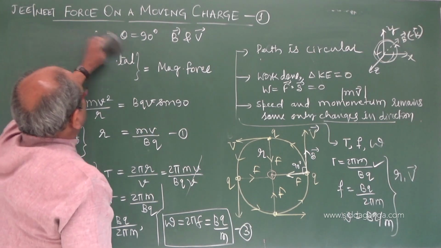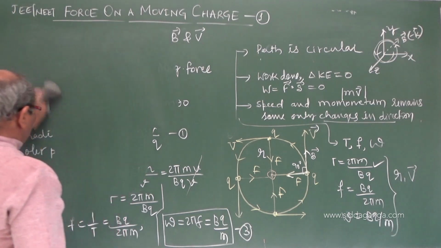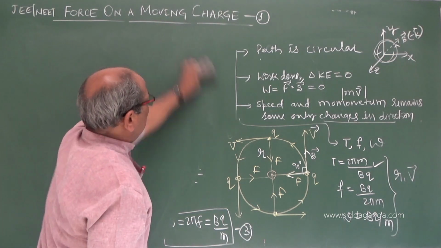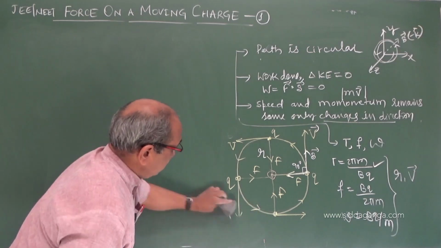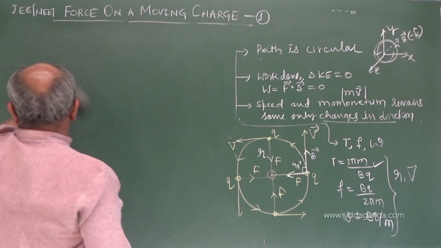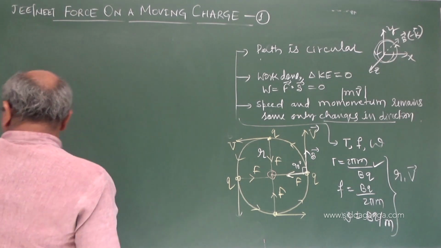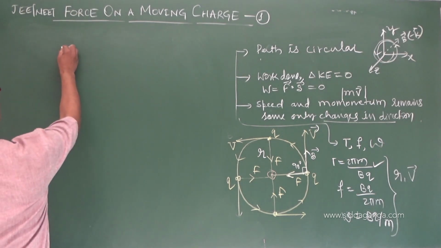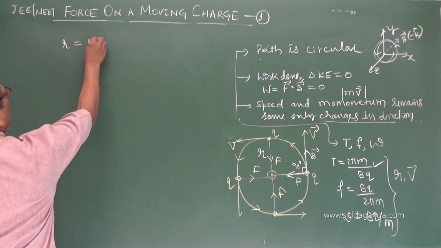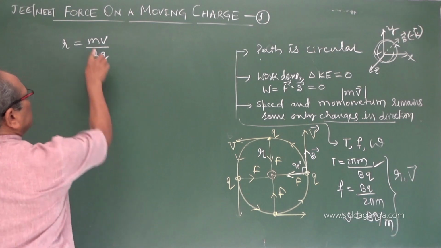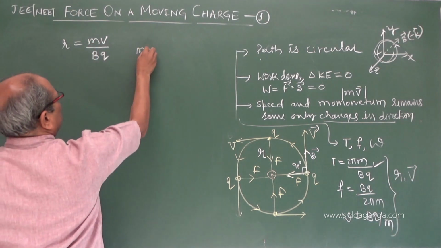Now let us see the other part of a charge moving in the magnetic field. We got the radius expression as mv upon Bq. mv is nothing but momentum p.